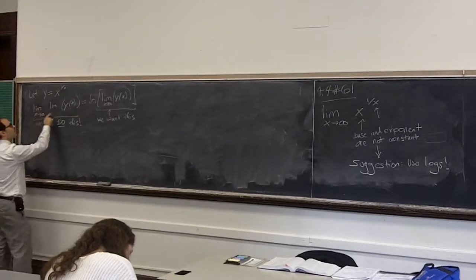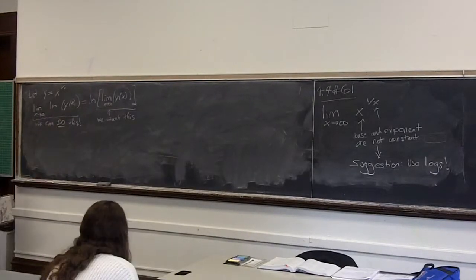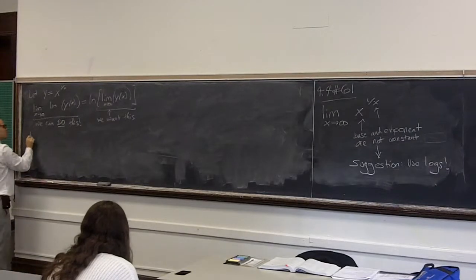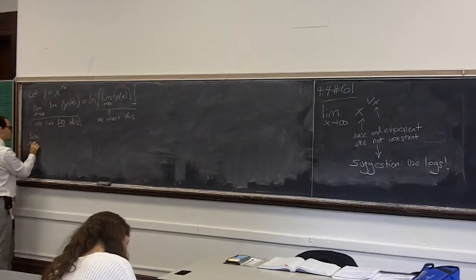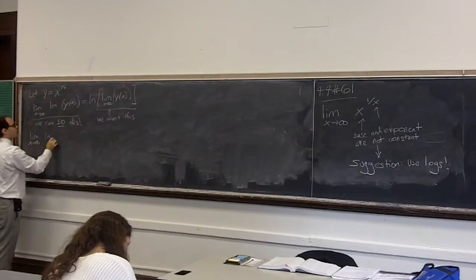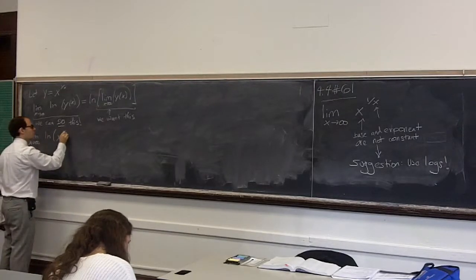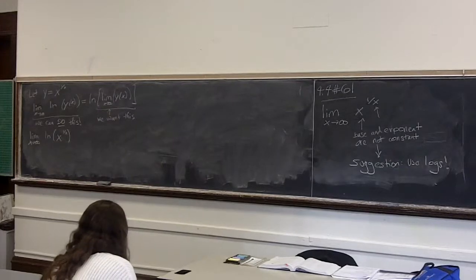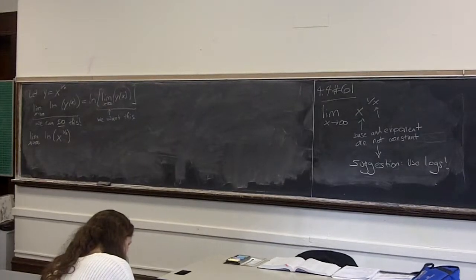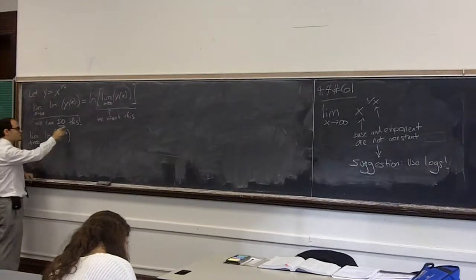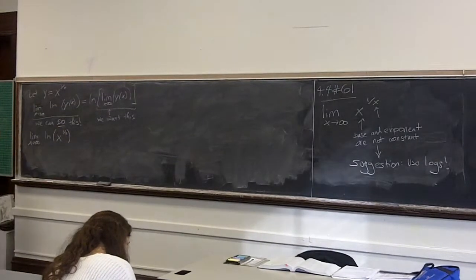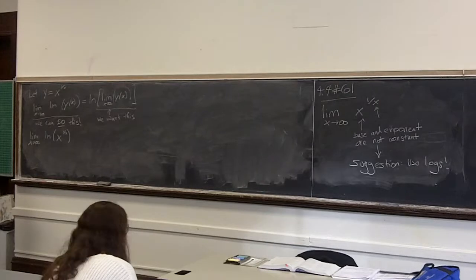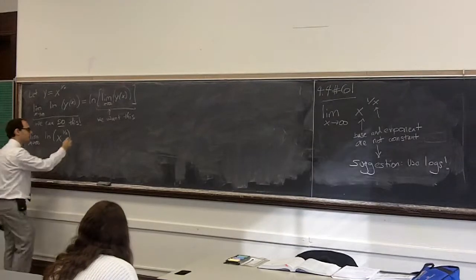Okay, so let's now go ahead and try to address that limit. The limit as x goes to infinity of what's the natural log of x to the 1 over x? Well, the great thing about natural logs and powers is natural logs bring down the powers and turn it into multiplication. It turns hard problems into easier problems.